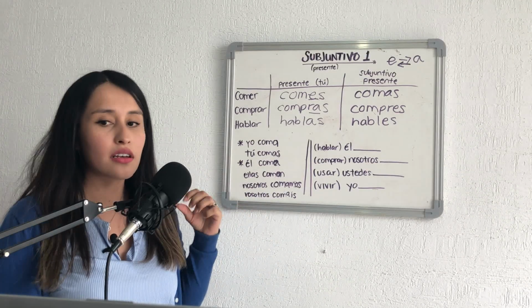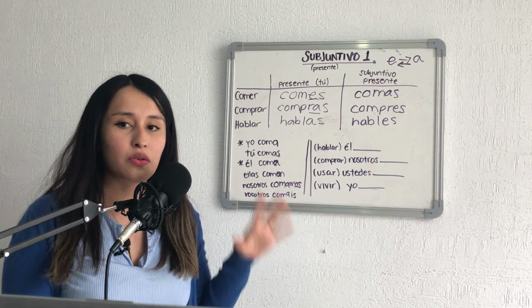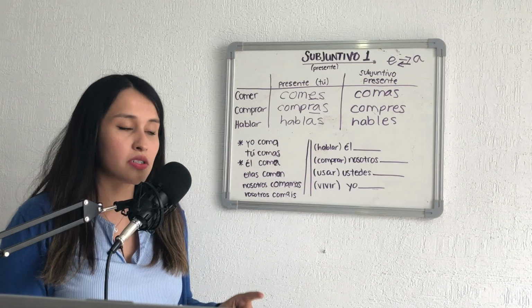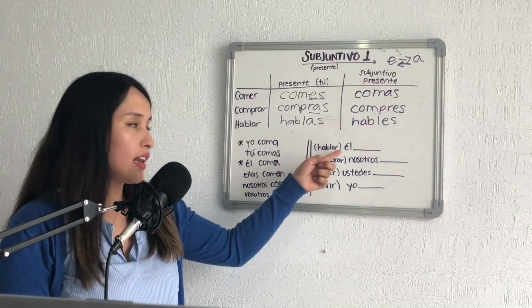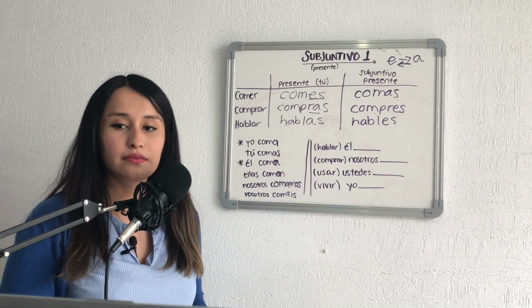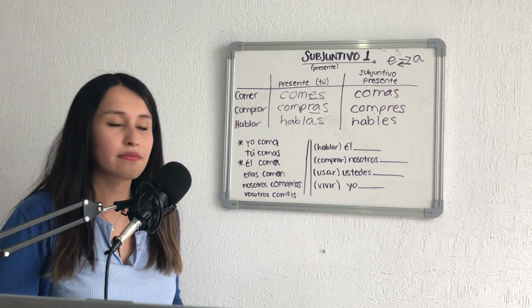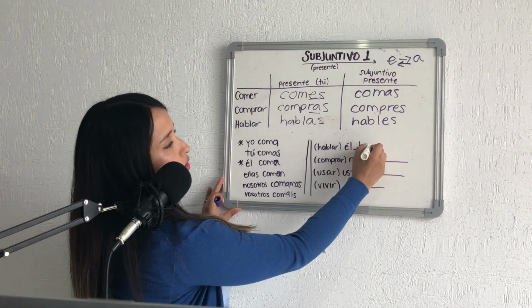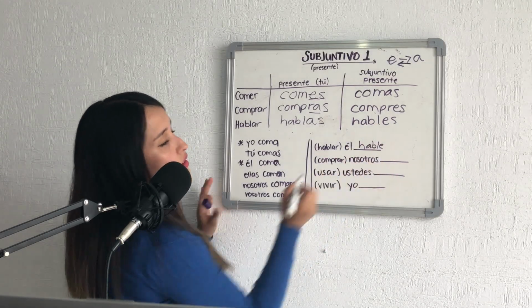So let's do a short exercise to make sure that you got this right. So hablar, how do you say the subjunctive for hablar for él? I'll give you a couple of seconds. Right, so él hable.